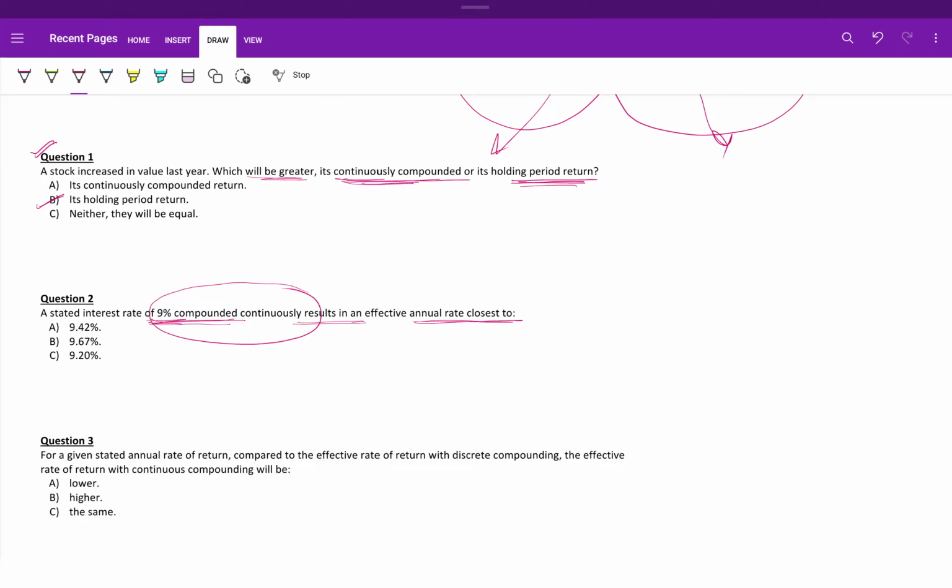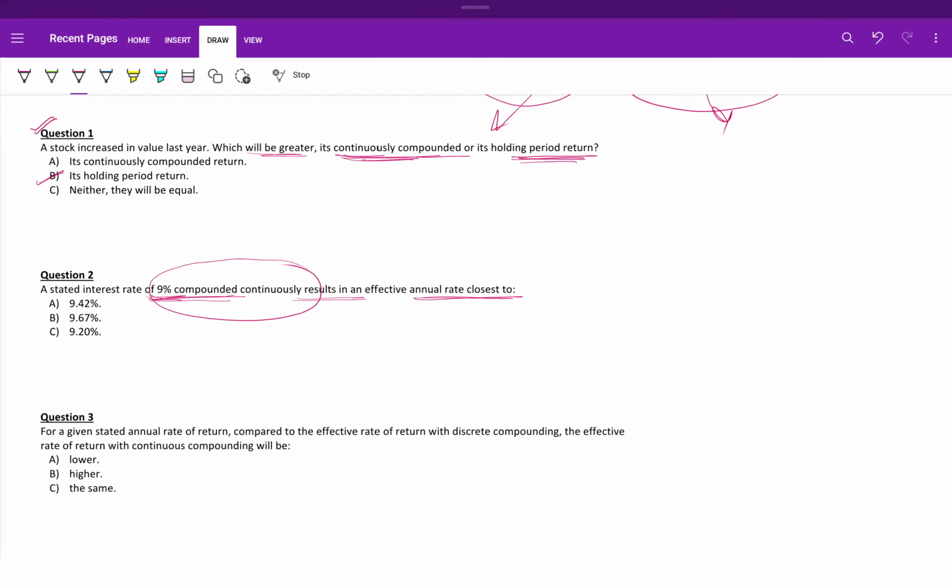So we just discussed this kind of question, but here it's the stated annual interest rate, not the holding period return. To solve these questions, we need to use another formula, which is e raised to the power r minus 1. So if we apply this formula here, the stated annual rate is 9%.